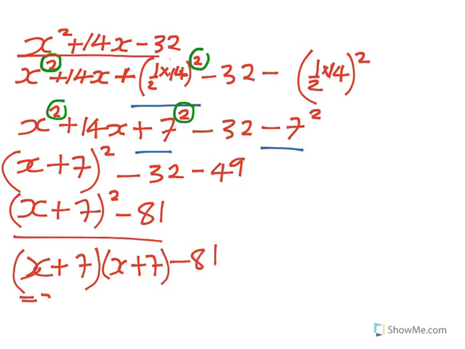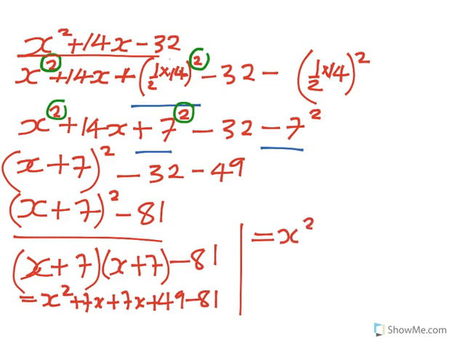This will be equal to x squared plus 7x plus 7x plus 49 minus 81. This will be equal to x squared plus 14x, and 49 minus 81 is minus 32, which is the original one that we studied in the first case. Hence, it will always go back to the original. But we have completed a square.